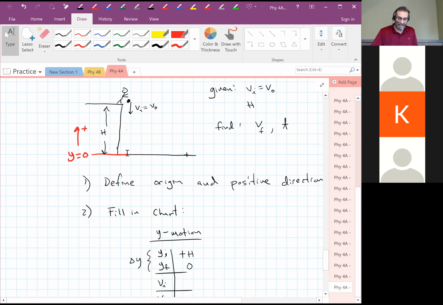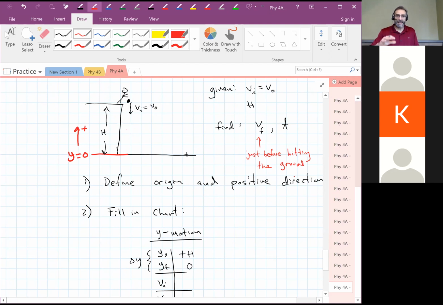But when I say find v final, what I mean is the velocity of the ball the split second before it hits the ground. Maybe I'll write that here: just before hitting the ground.